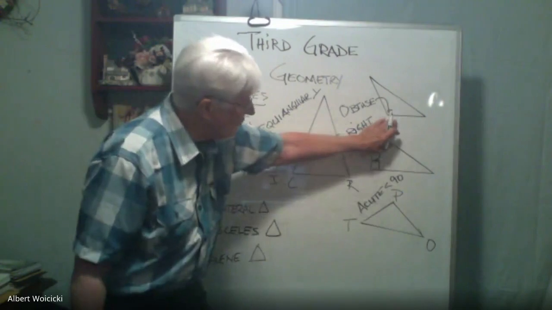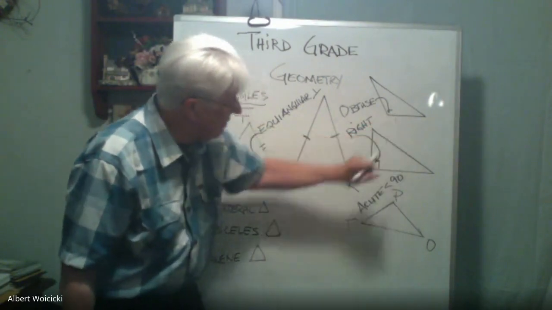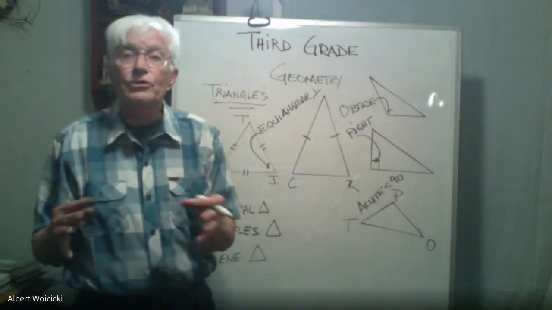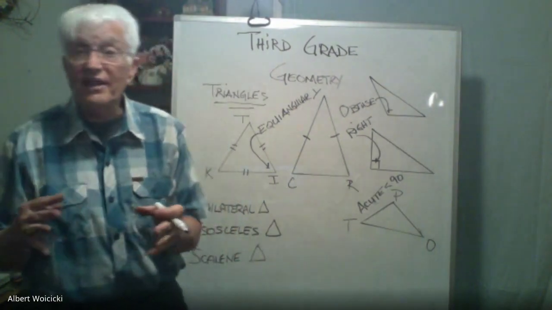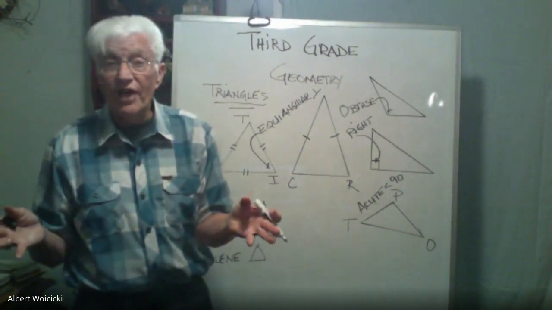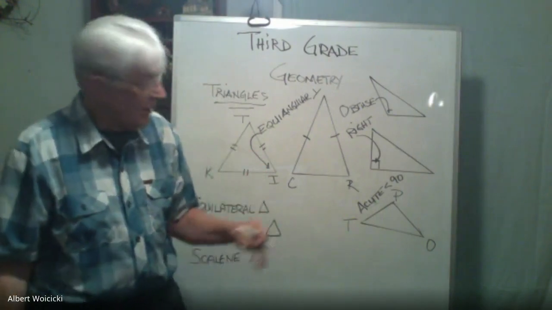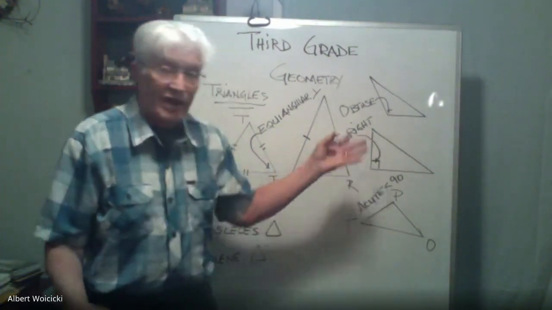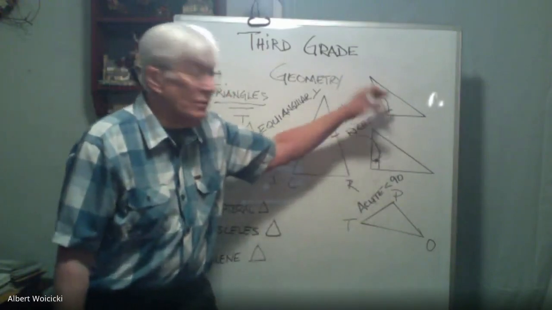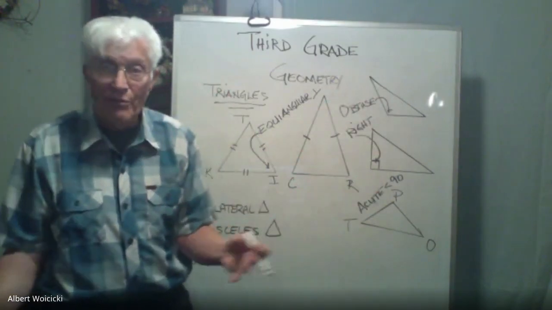Such as this triangle right here. It's called obtuse. Just like the angle being an obtuse angle, it's an obtuse triangle. This was a right angle, it's a right triangle. Obtuse angle, obtuse triangle. Easy to remember.